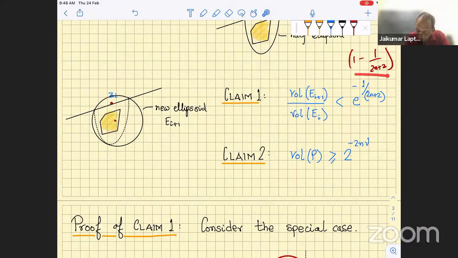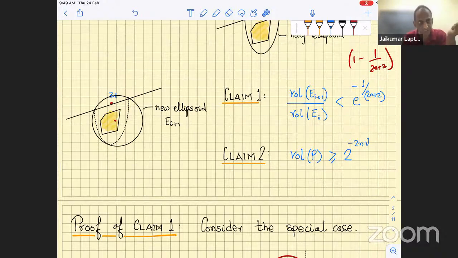So how long can you go without your center falling inside the polytope? Well, if you go too long, your ellipse will be so small that it will not be able to hold the entire polytope inside. Why? Because we also proved that the polytope itself has reasonable volume.